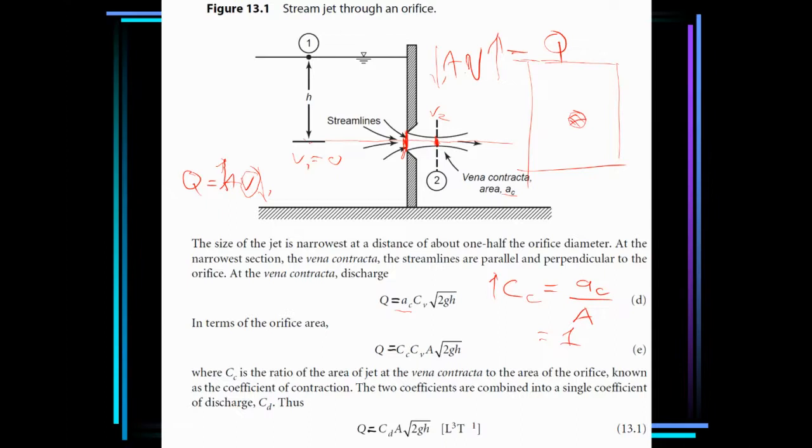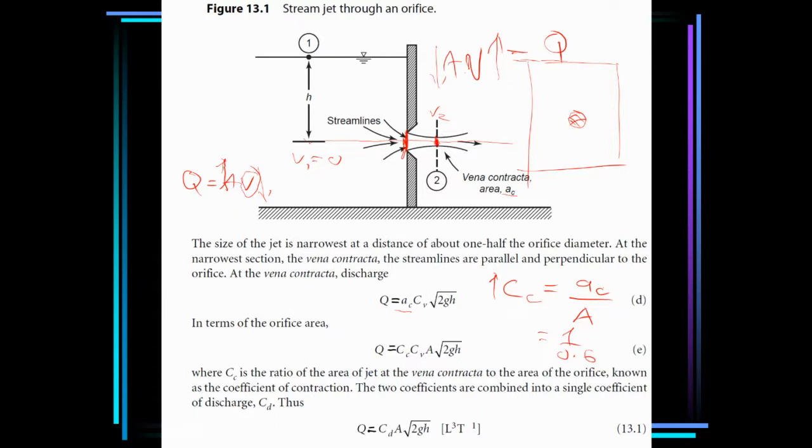Lower values, let's say 0.6, mean there is high contraction. It means AC is less than A, and that indicates contraction. So lower values of CC less than 1 indicate higher contraction, while values close to 1 indicate less contraction of the jet coming out of the orifice.